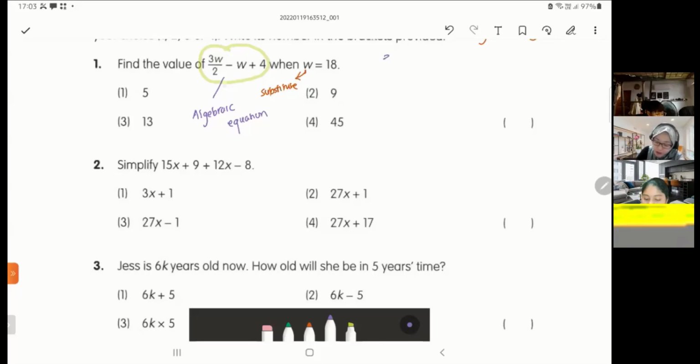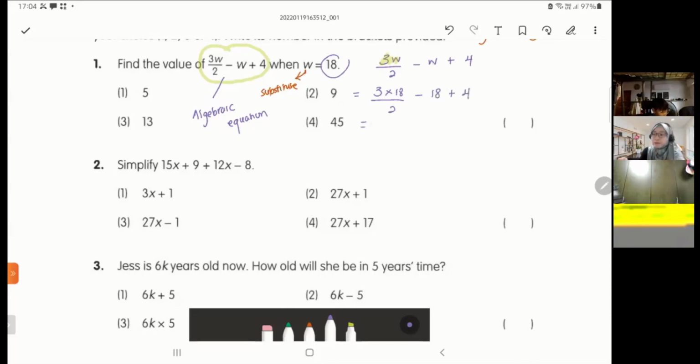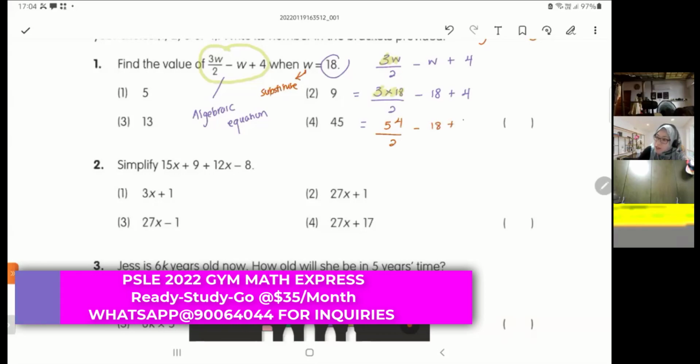I'm going to rewrite first. 3w over 2 minus w plus 4 now equals 3 times 18 over 2 minus 18 plus 4, since 3w means 3 times w and w is 18. 3 times 18 is 54, over 2, minus 18 plus 4.